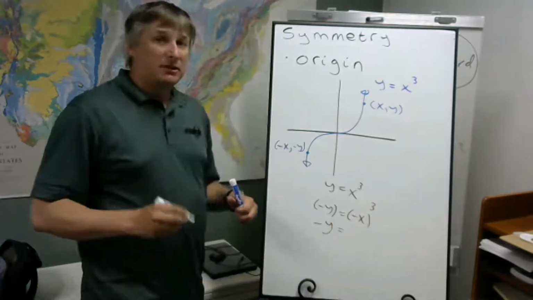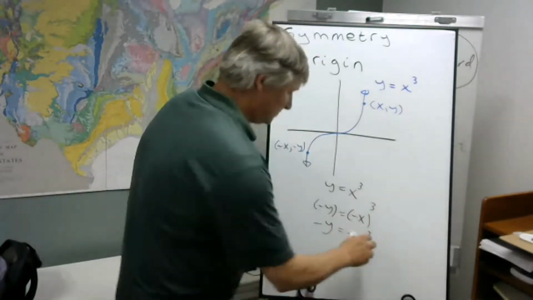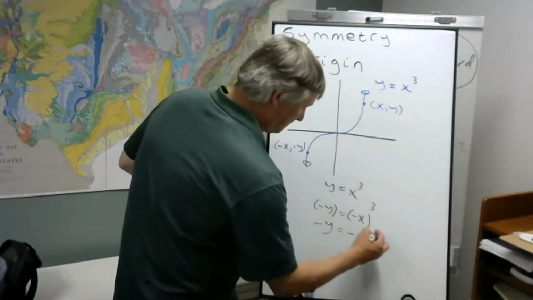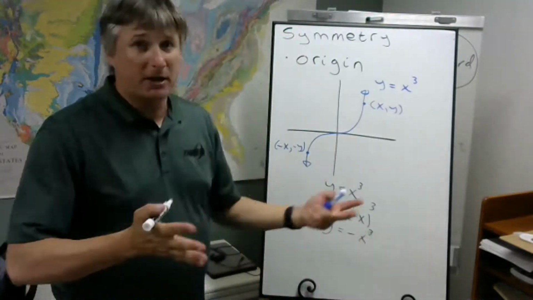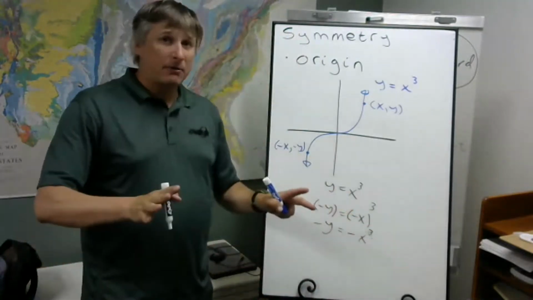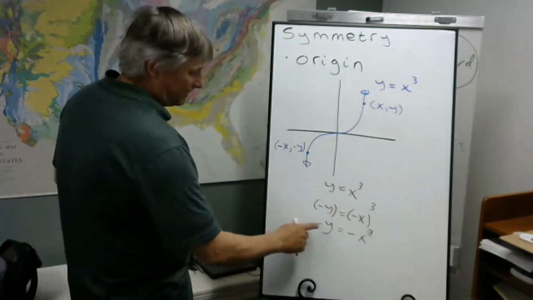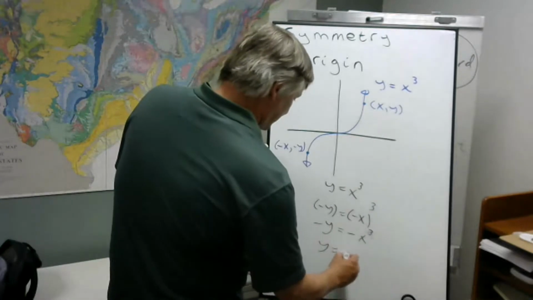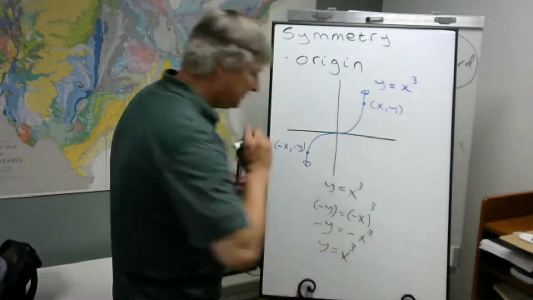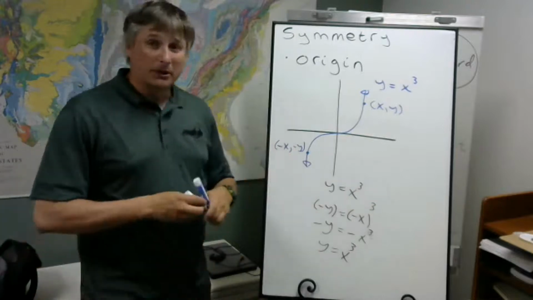You cube a negative, still comes out negative. Even powers, apply the negatives, make the negative go away. Odd powers, you'll keep the negative there. And if you multiply both sides by negative 1, sure enough, this simplifies down to give you the original equation. So this point does work.